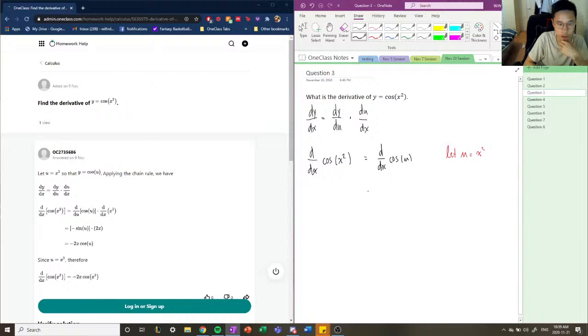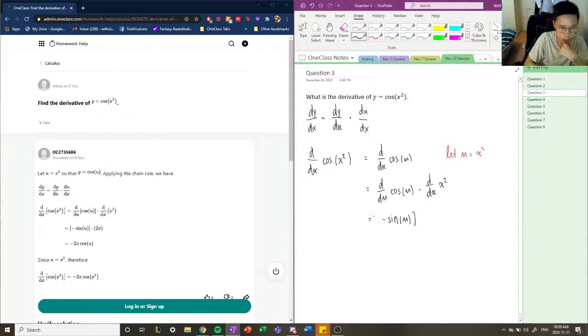Now we're going to use our chain rule, which suggests that we do dy over du. So we do d over du of cos u, and then we multiply that by d over dx of x squared. Cool. According to our trigonometric derivatives, the derivative of cos is negative sine, so we write negative sine u here.